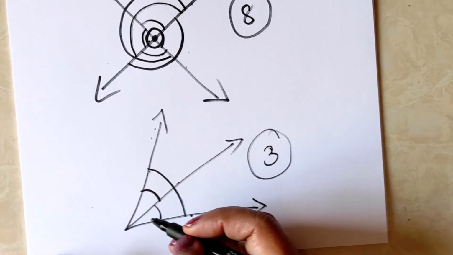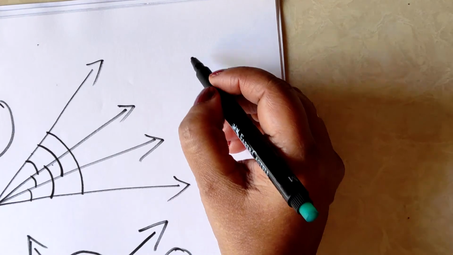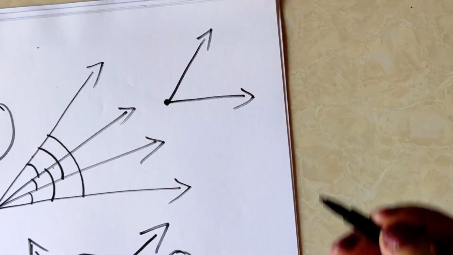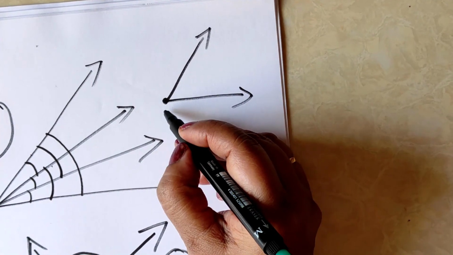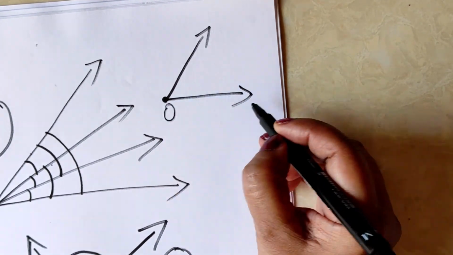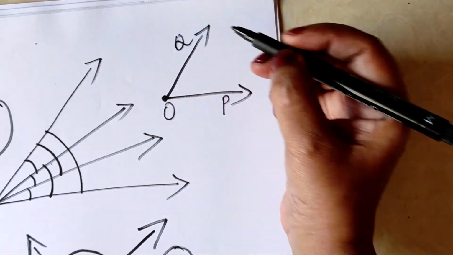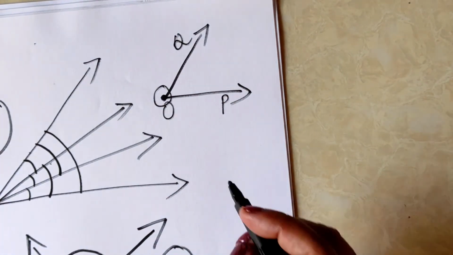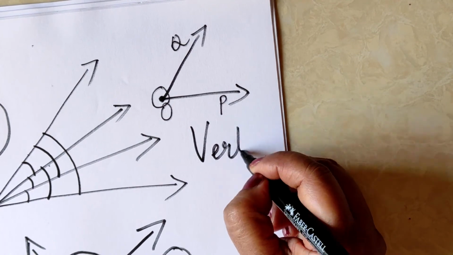And another thing you should remember, suppose there is one angle formation with this point. What is this point called? I'm naming it as O, and this is P, and this is Q. This O, point O, is called vertex. Please remember vertex.